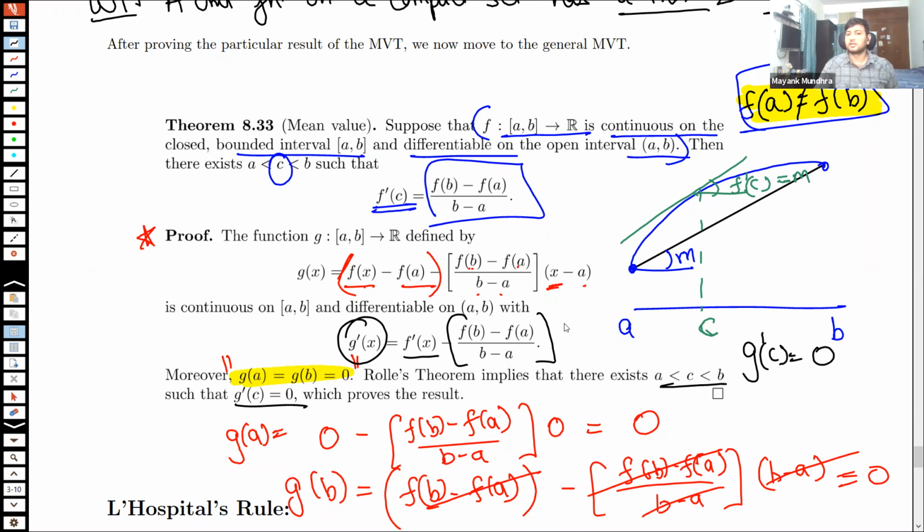This is your m. Since g prime obeys Rolle's theorem, it will be equal to 0 at some c. So f prime of c equals this value, and that's what you wanted to prove.